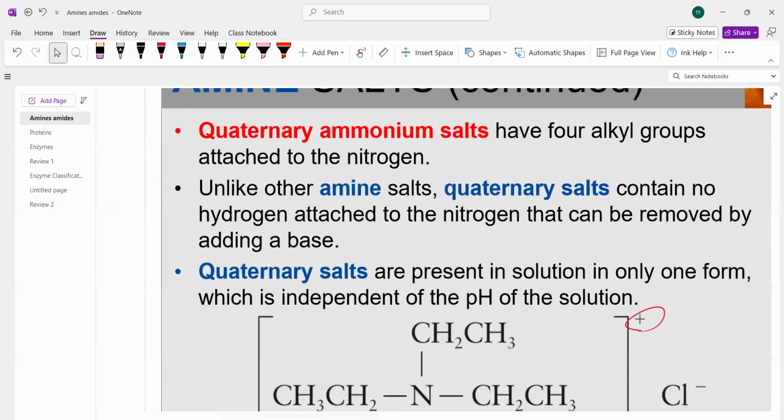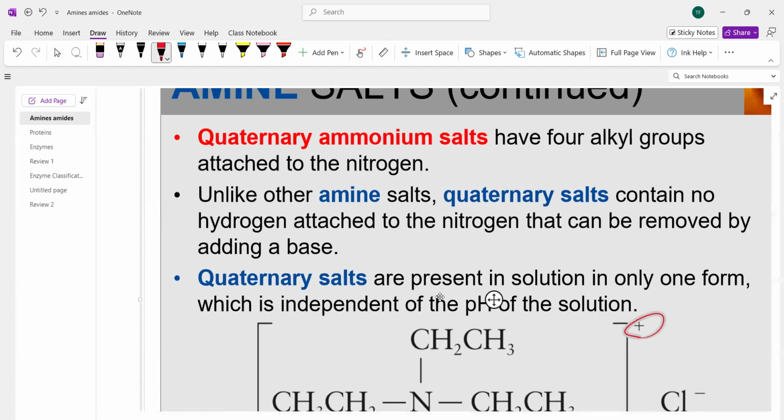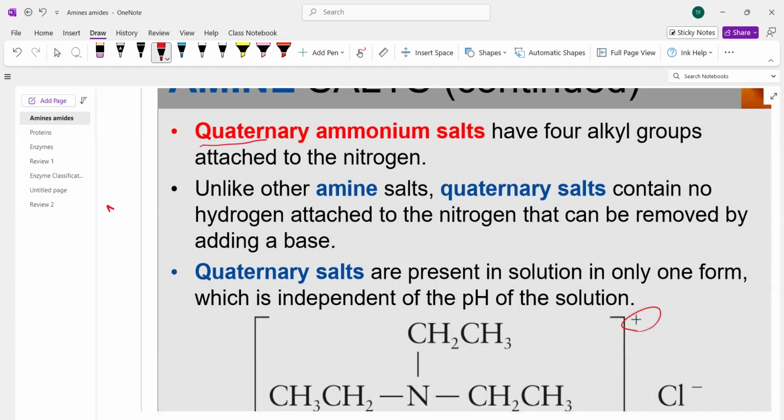Okay, now there's yet another class of ionic salts with amines. They're called quaternary ammonium salts. And they have 4 non-hydrogens attached to the nitrogen.